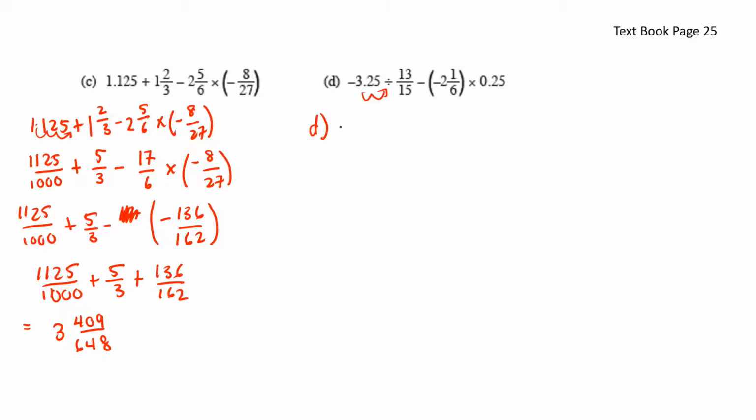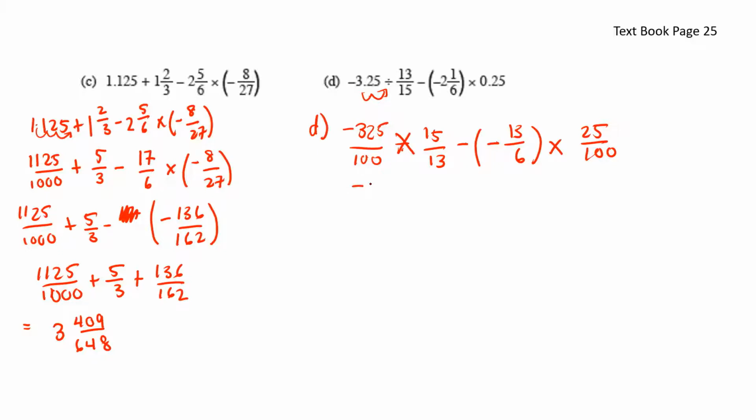Moving on, that will give us negative 325 over 100 divided by, divide can change into multiplication, so let's change that into multiplication. 15 over 13 minus negative 13 over 6 times 25 over 100. Here we have to do the multiplication first, so that we have negative and positive.